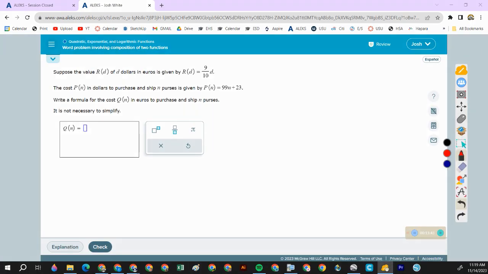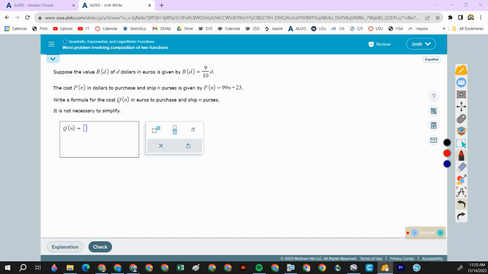All right. So suppose that the function r of d dollars in euros is given by that equation 9 over 10d. The cost in dollars to purchase and ship n purses is given by P of n equals 99n plus 23.